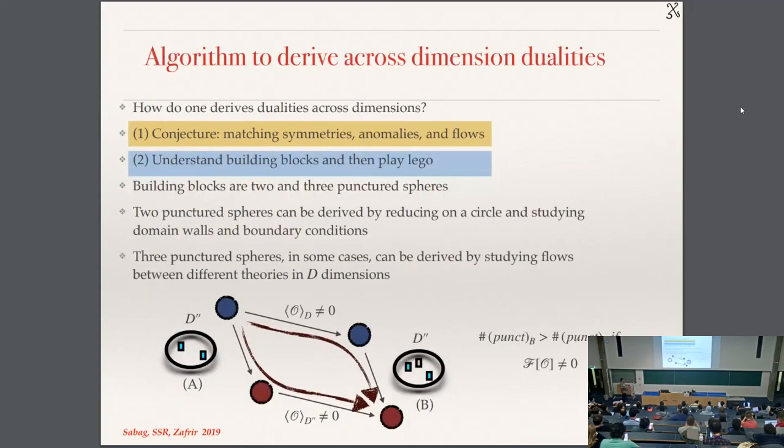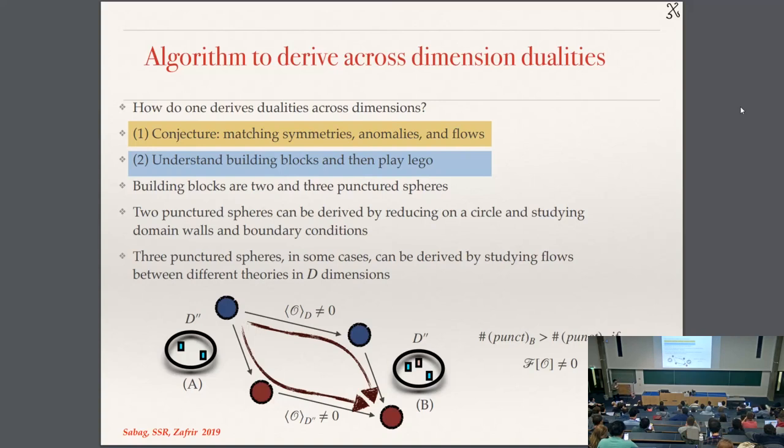Now, although the way I present it, again, based on examples, it doesn't seem that there is some structure, nevertheless, there is an algorithm that one can come up with to derive such cross-dimensional dualities, at least in some cases.